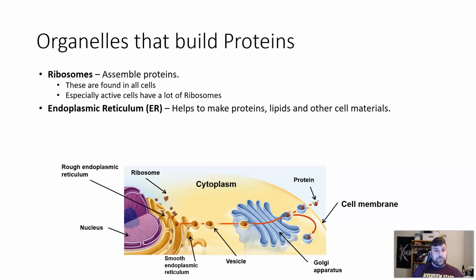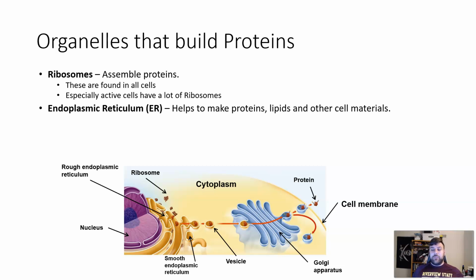And this organelle comes in 2 types, smooth and rough. Rough ER is endoplasmic reticulum that has ribosomes attached to it. Rough ER helps to build the proteins that ribosomes are making. So it gives them that environment to, once they've started building the protein, attach to the endoplasmic reticulum and continue to build it before they release it.